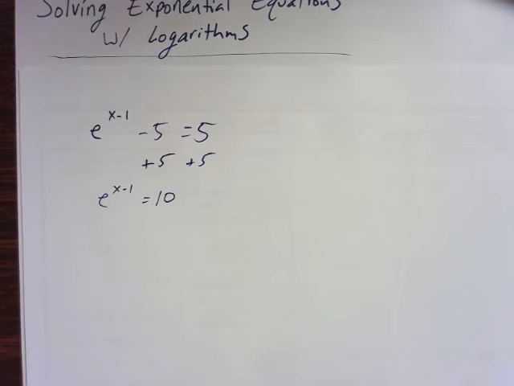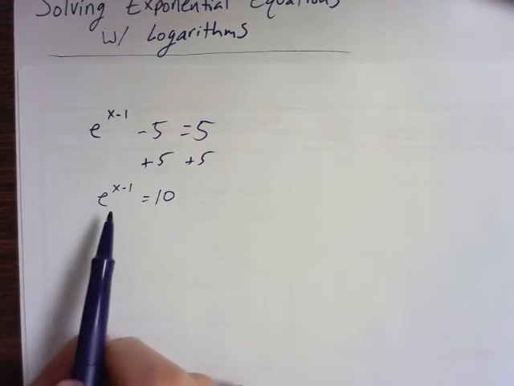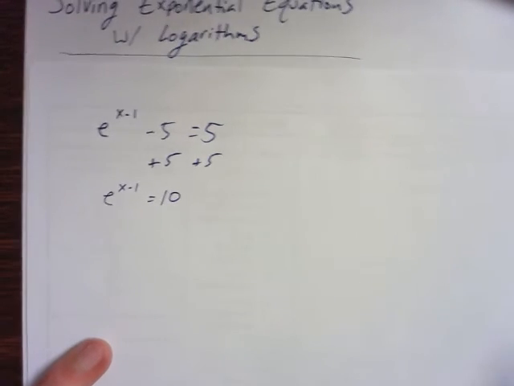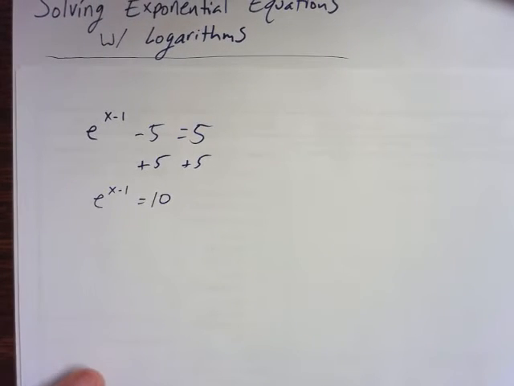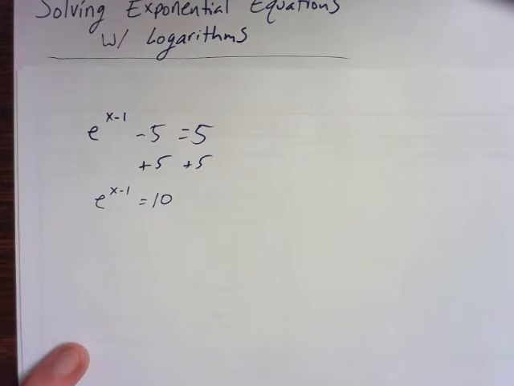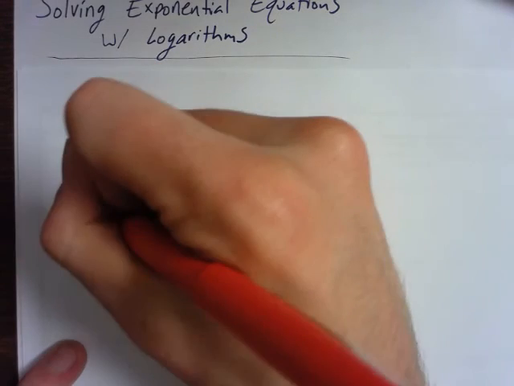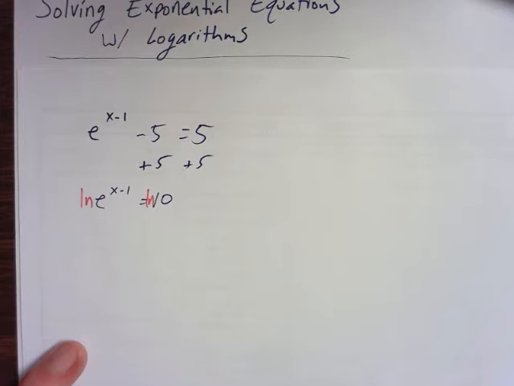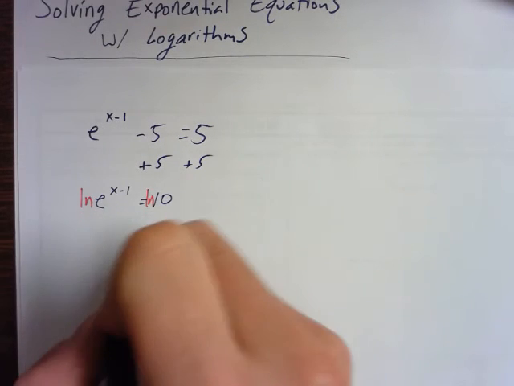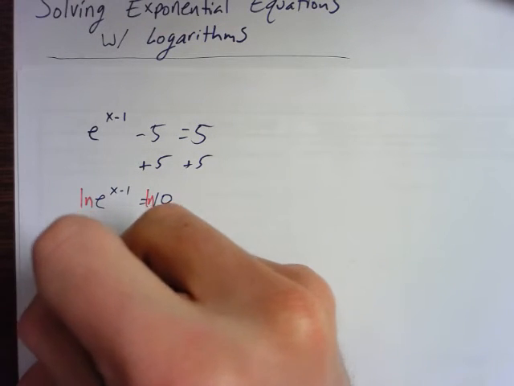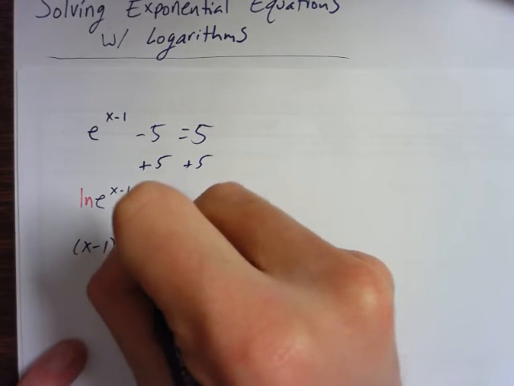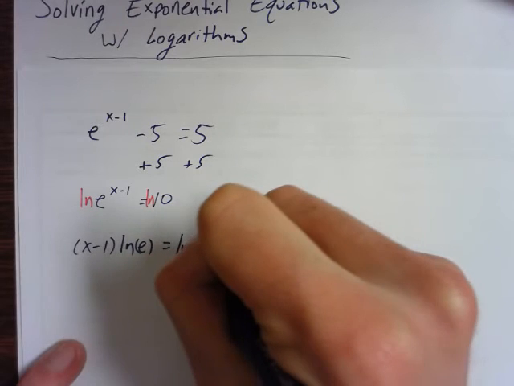But to make it simpler on ourselves, which logarithm has an e in it? It has to deal with e. Well, remember our natural log, right, is a logarithm with base e. So instead of just putting a regular log in there, let's put in an ln, natural log. Once again, I can do the powers property and say that x minus 1 times ln of e equals ln of 10.